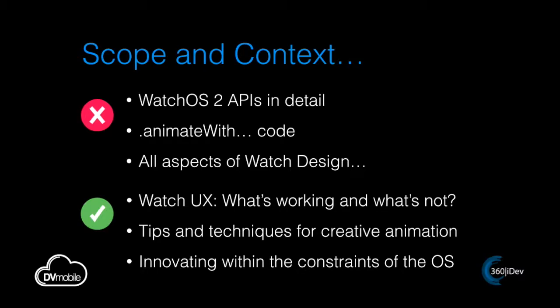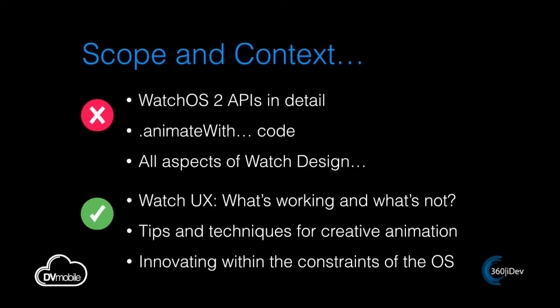When I say creative animation, it's different than, for instance, Maren's hands-on session yesterday, which was awesome. I was in it for a little bit. Standard animation is really taking elements such as fields and what have you, and moving them around using the animation capabilities to animate standard objects.